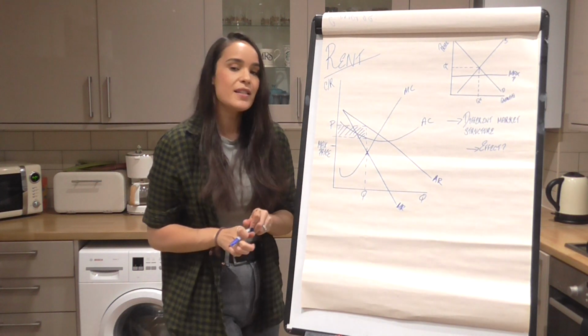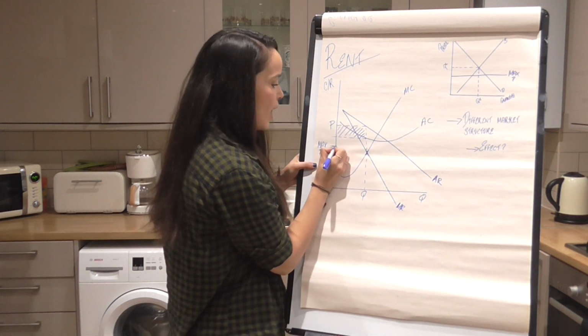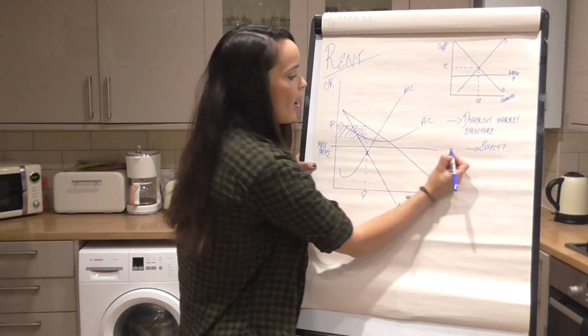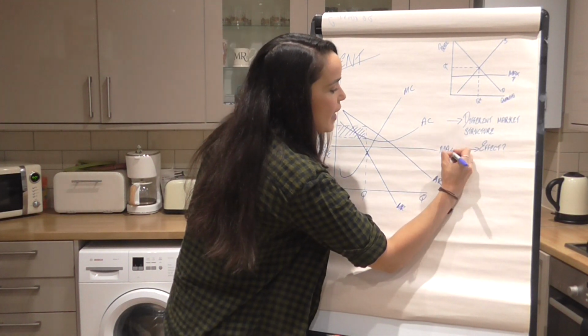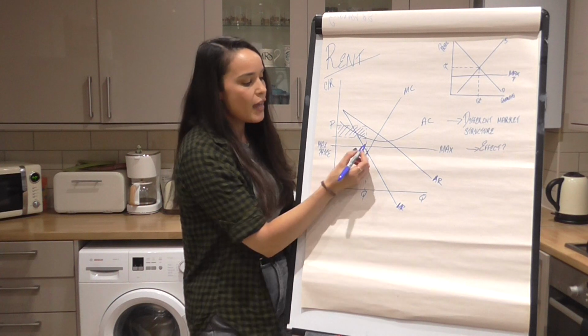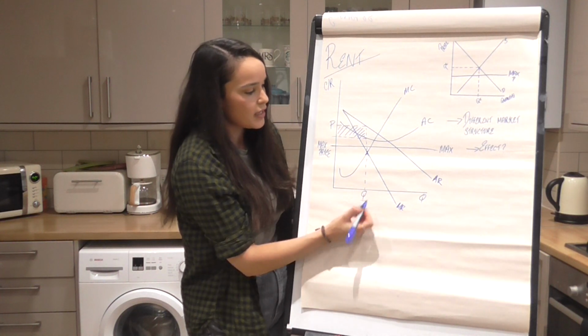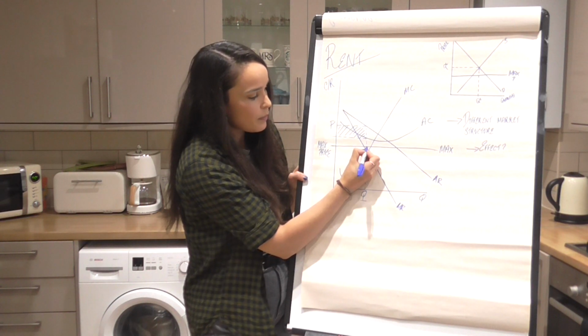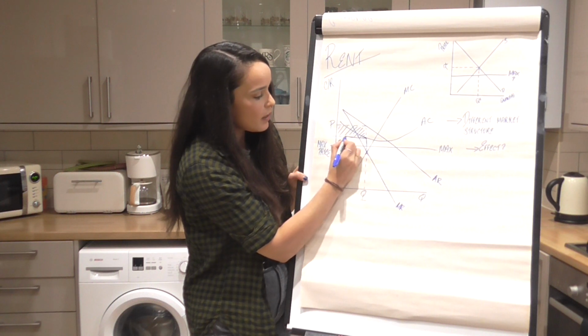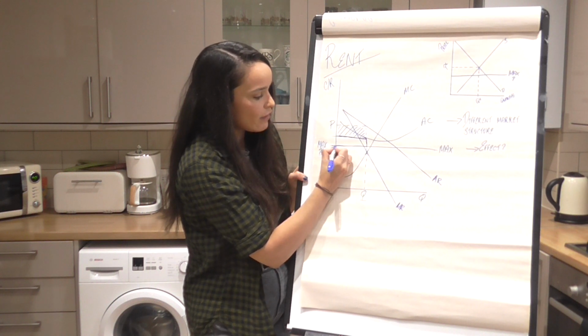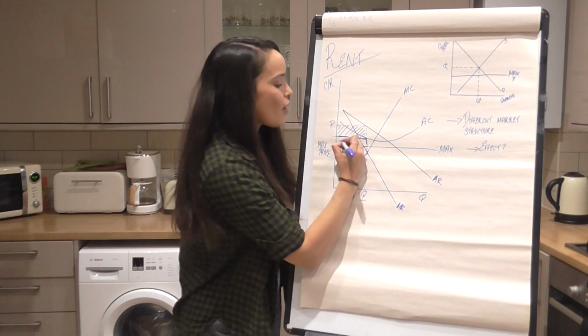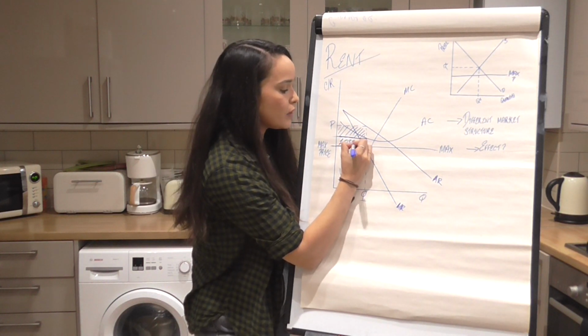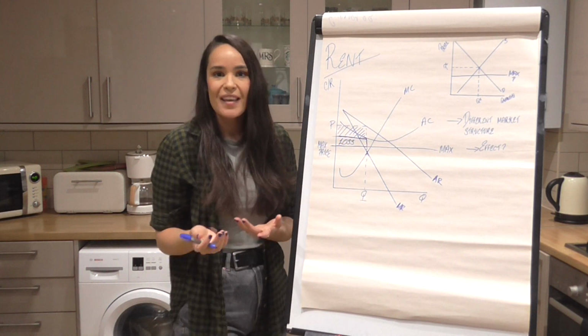We can see here that if this is the maximum price that they are able to charge their tenant in their property, then at this quantity and this price, the landlord is actually making an area of loss.